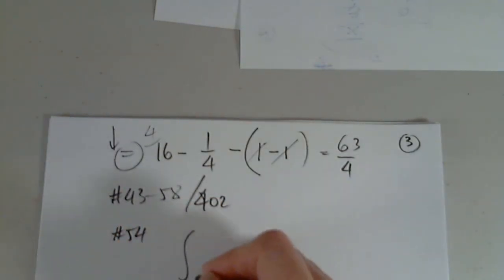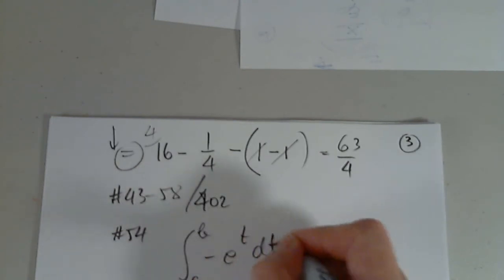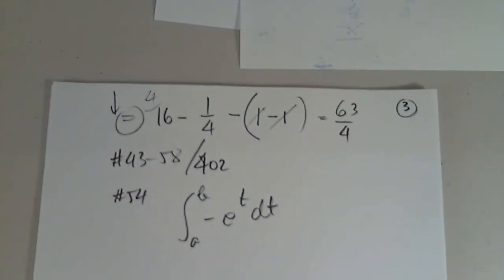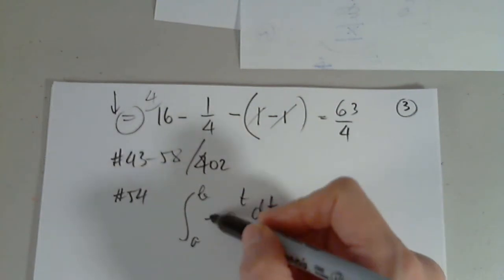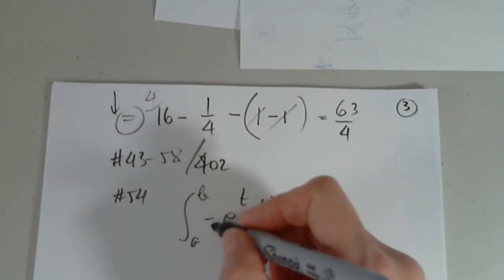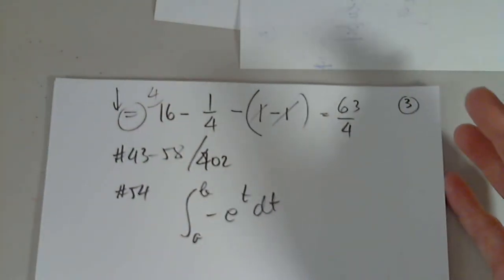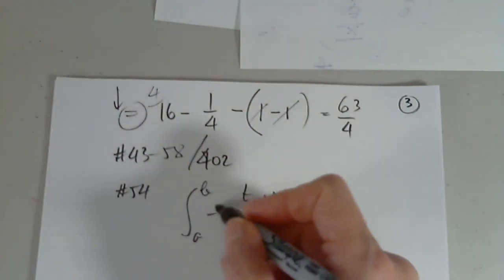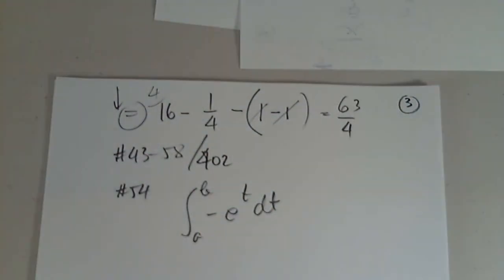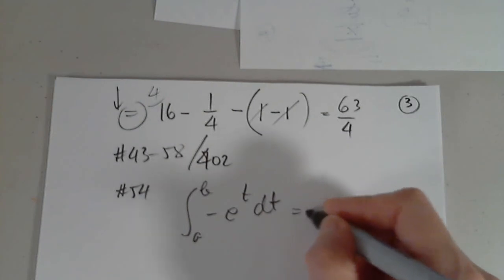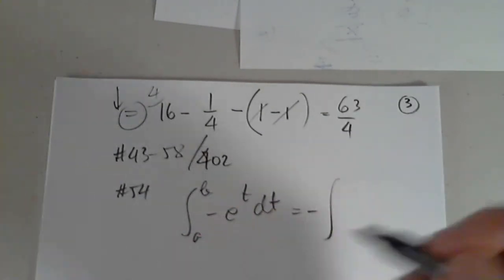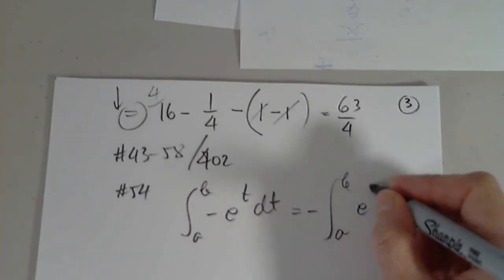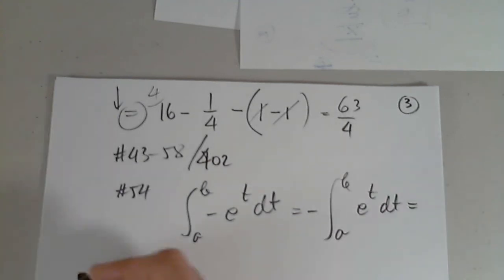This is the integral from a to b of negative e to the t dt. One of the properties of the definite integral is the same as the property for summation notation: any factor in front can be moved in front of the integral. So I can move negative 1 outside: a to b, e to the t dt.